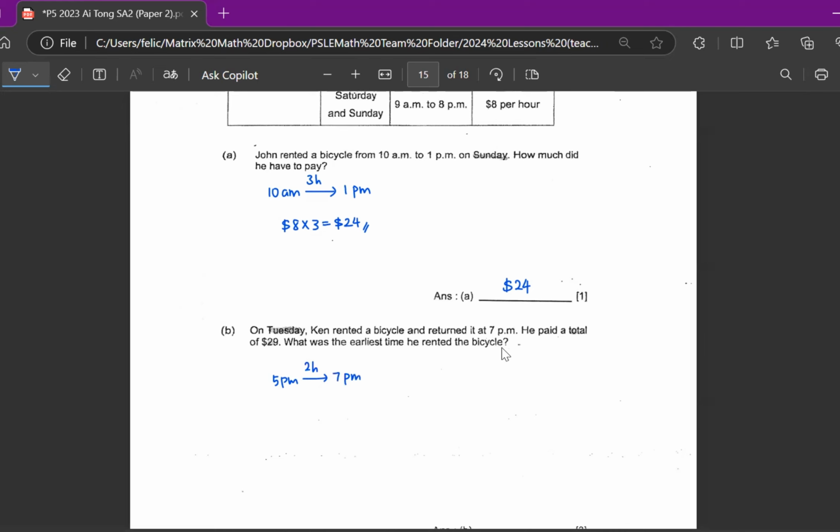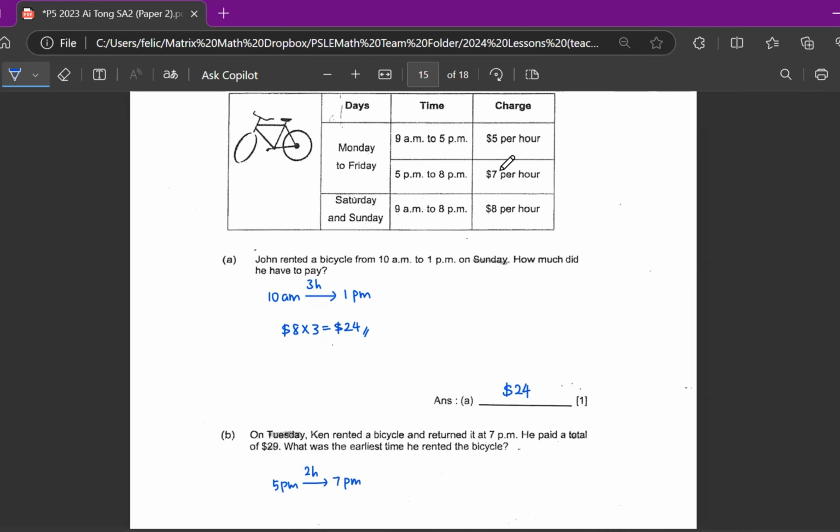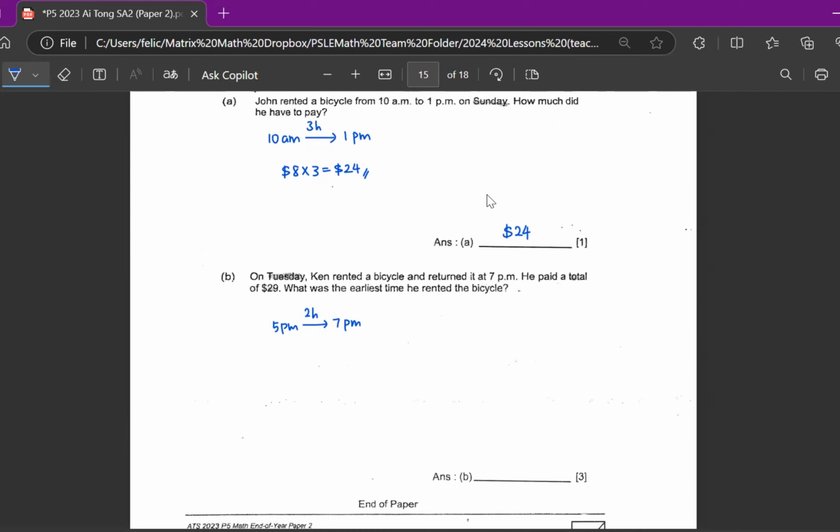So the amount he's paying for these 2 hours is $7 times 2. So that means he's paying $14 for the more expensive category.